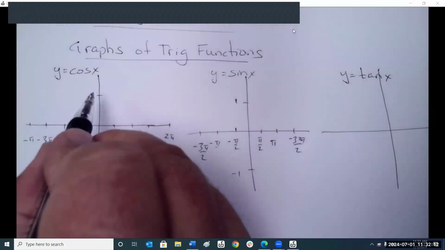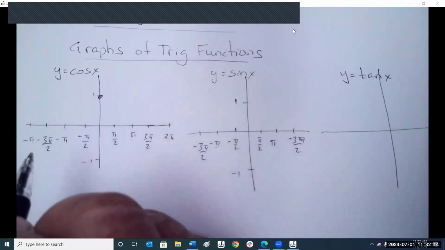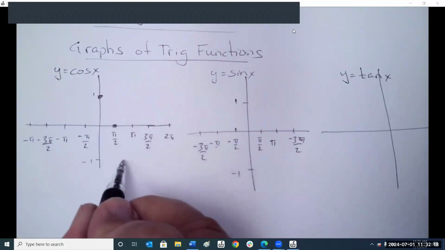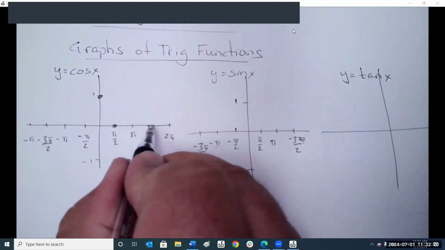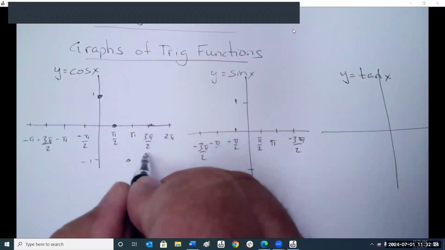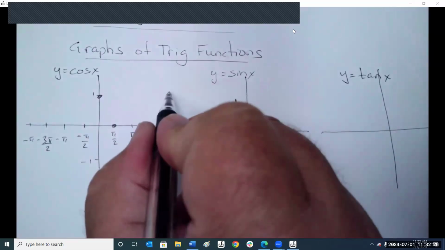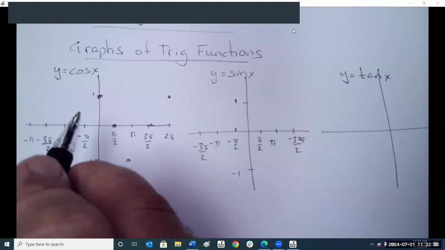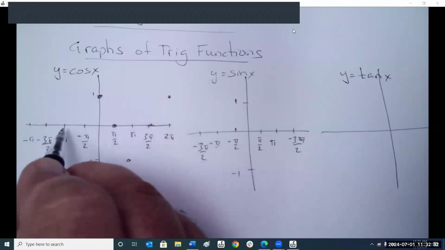At 0, cosine is 1. At pi over 2, cosine is 0. At pi, it's -1. At 3 pi over 2, it's 0. And at 2 pi, it's 1. And on the other side, just the opposite.